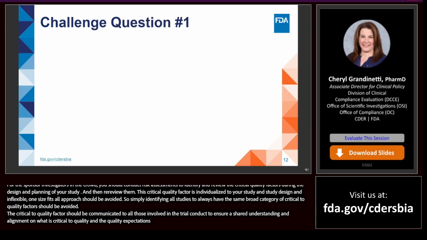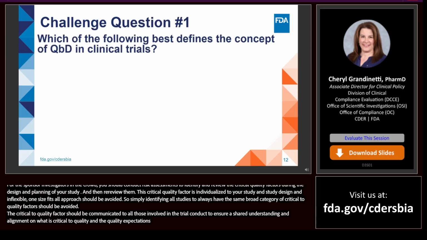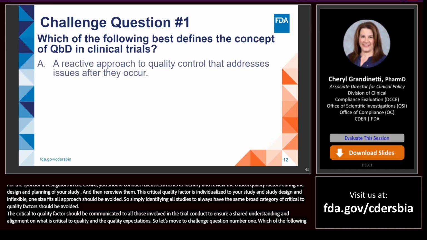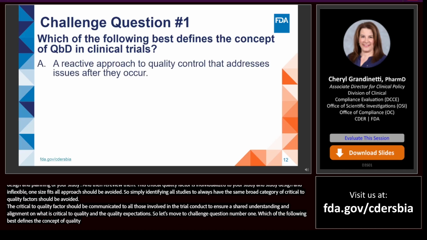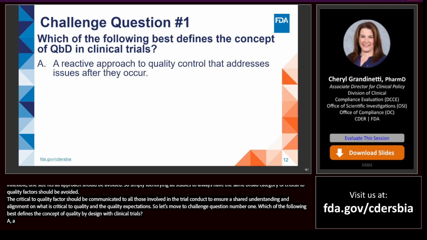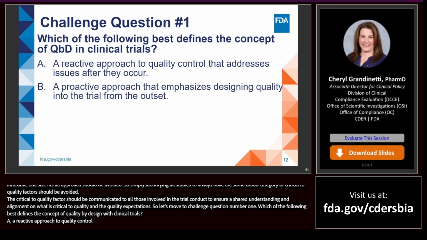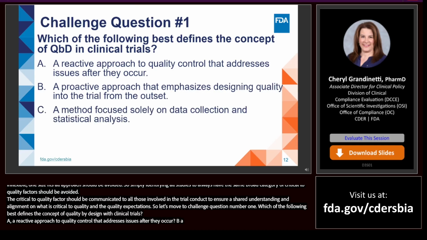So let's move on to challenge question 1. Which of the following best defines the concept of quality by design in clinical trials? A, a reactive approach to quality control that addresses issues after they occur. B, a proactive approach that emphasizes designing quality into the trial from the outset.